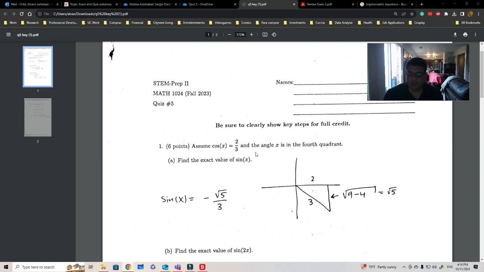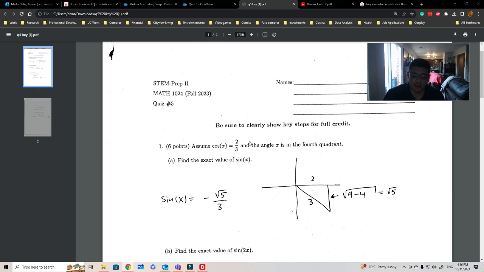So if we want to find out the exact value of sine of x, we want to consider that we are in the fourth quadrant. So the fourth quadrant is going to give us some information. Pretty much it says that the cosine has to be positive, but the sine has to be negative, right? Just by the positioning in the unit circle.